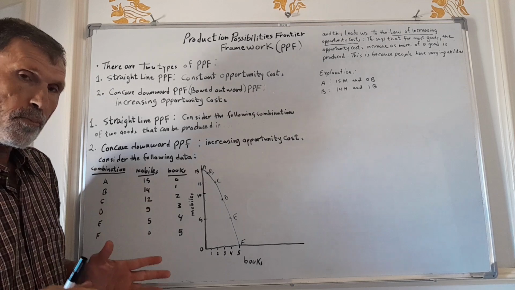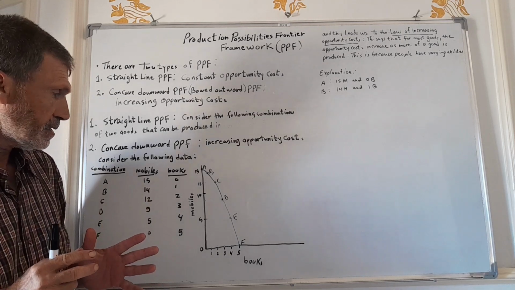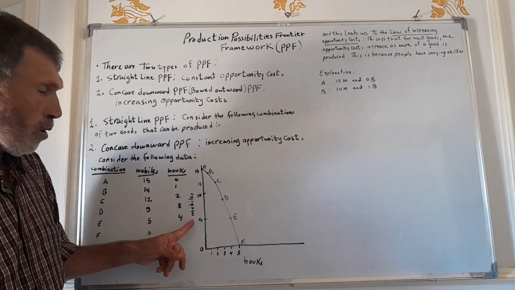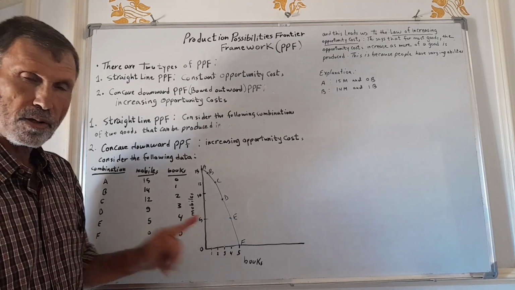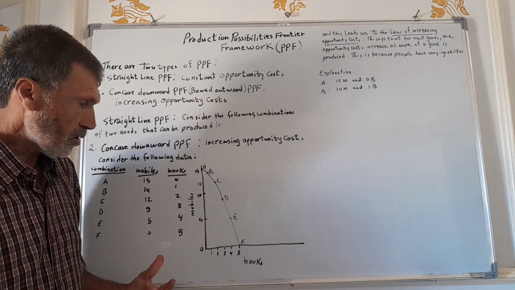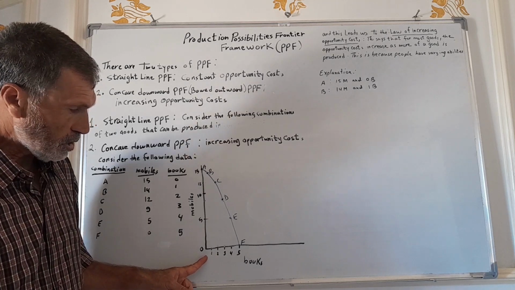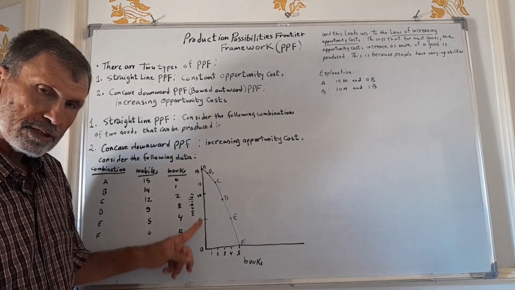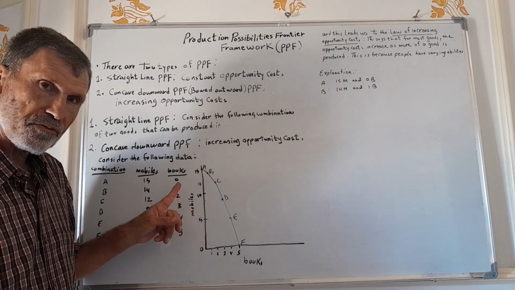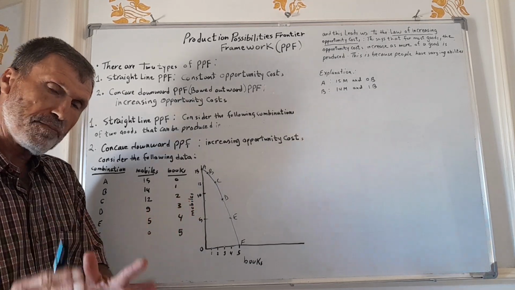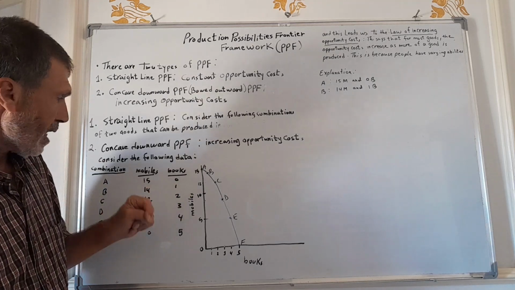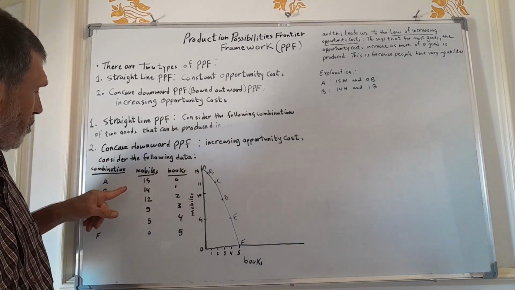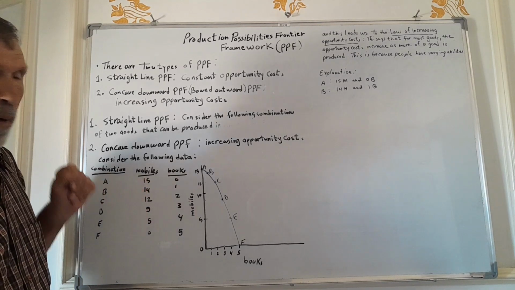What does the company forfeit in terms of mobiles to produce 1 book? Of course, to increase the production of books from 0 to 1, the company has to forfeit, or give up, or neglect one mobile.